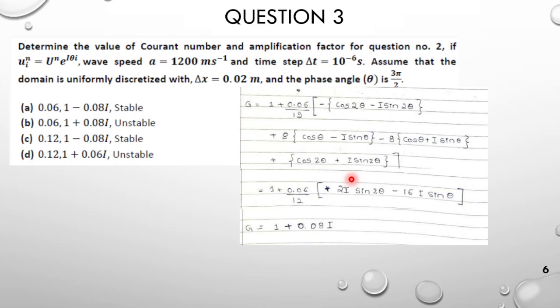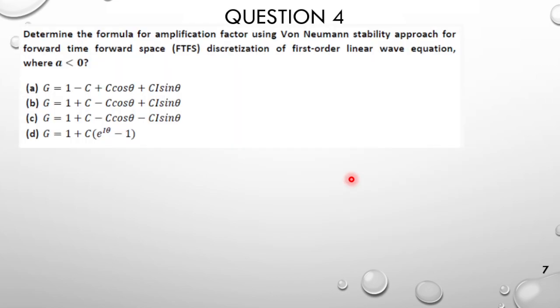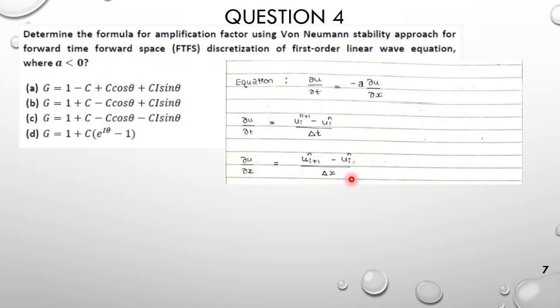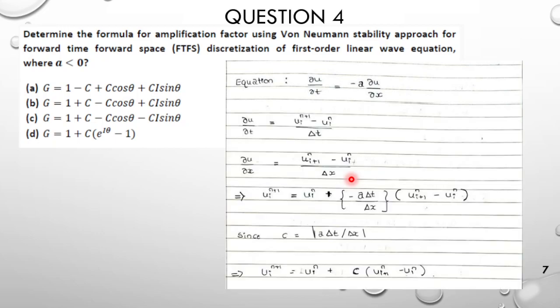So the option should be B. Question number 4 was also related to that, which Priyantu was discussing. For forward time, forward space, what should be the amplification factor was mainly asked. So you have to go in a similar manner.